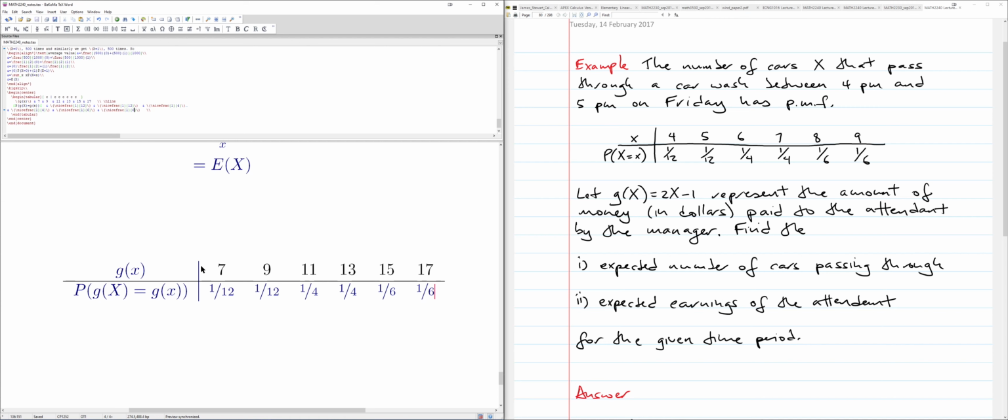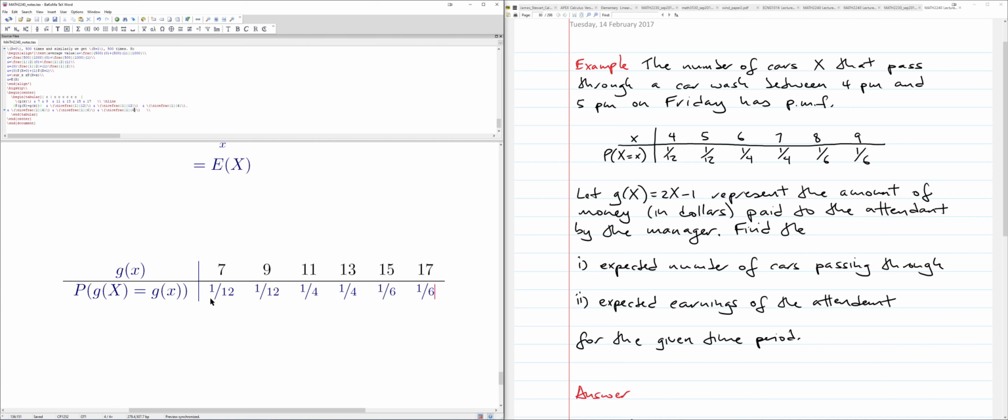So you could look at it this way. The number of cars passing through the car wash has this PMF over here, which means that either 4 to 9 cars pass through the car wash, with these probabilities. If 4 cars pass through, then his earnings would be 2 times 4 minus 1, coming from this 2x minus 1.